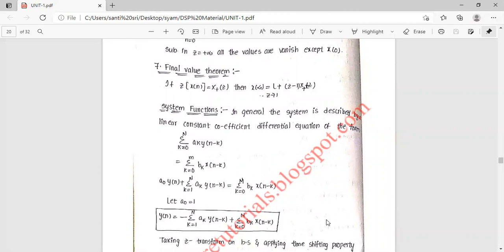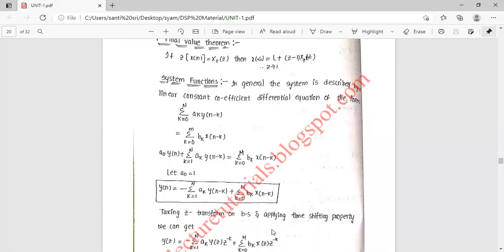Put a naught equal to 1, then it becomes y of n plus sigma k equals 1 to n a k into y of n minus k equals sigma k equals 0 to m b k into x of n minus k, or y of n equals minus sigma k equals 1 to n a k into y of n minus k plus sigma k equals 0 to m b k into x of n minus k.